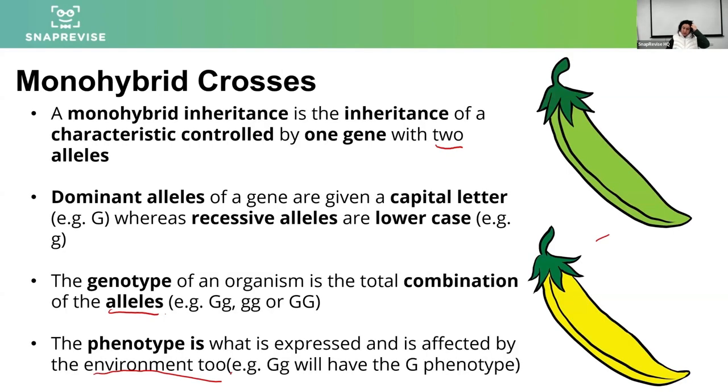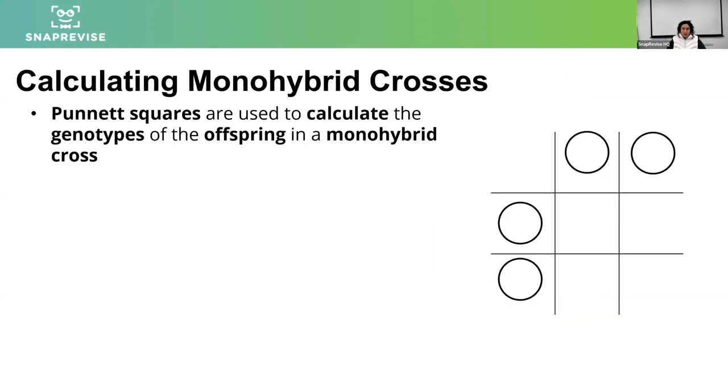And the phenotype, if we have a recessive and dominant allele, if there is at least one copy of the dominant allele, the organism will display the dominant phenotype. So let's see how we do a simple monohybrid inheritance.